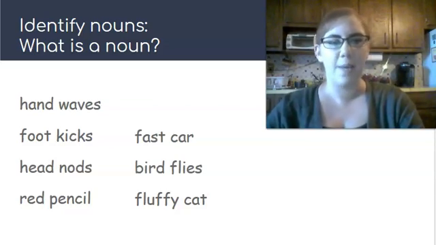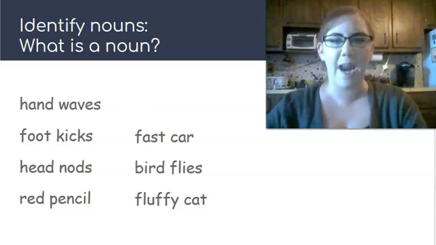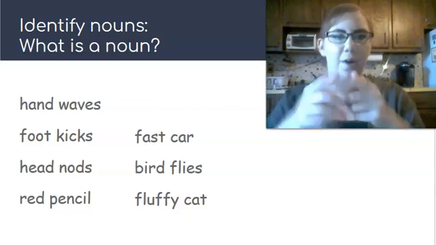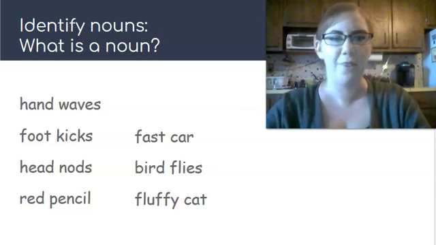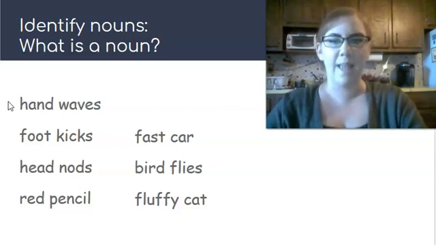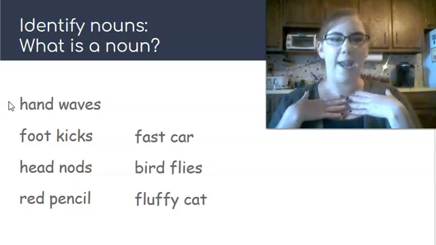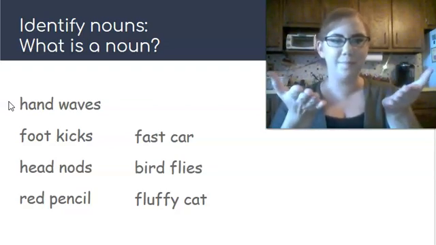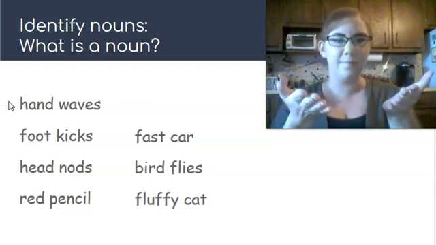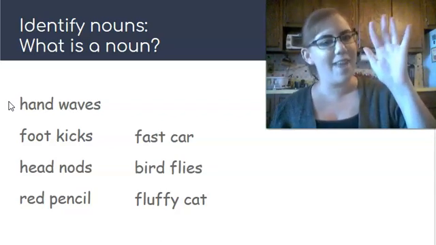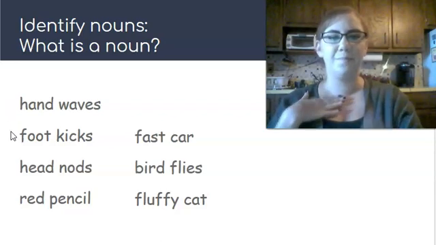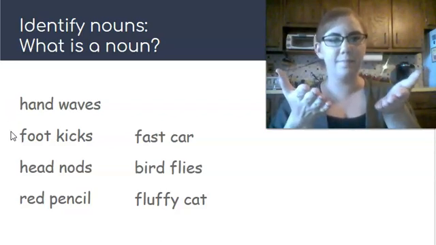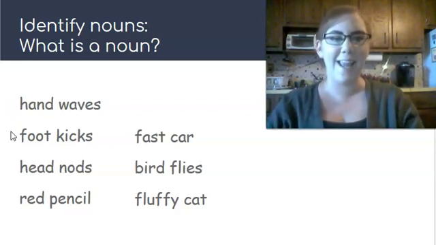Let's look at some more examples. When I say the phrase and then point to you, I want you to shout out which word is the noun or a thing. Hand waves. Hand is a thing. Foot kicks. A foot is a thing.